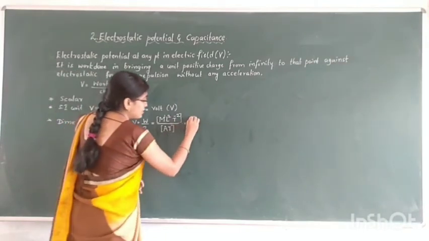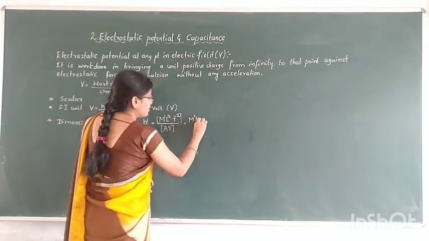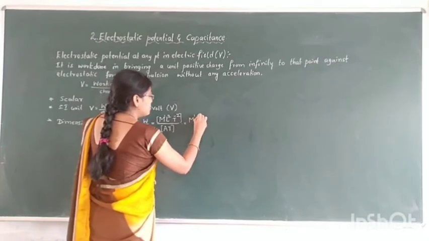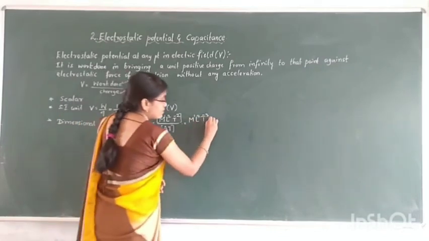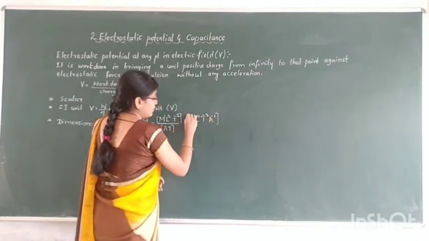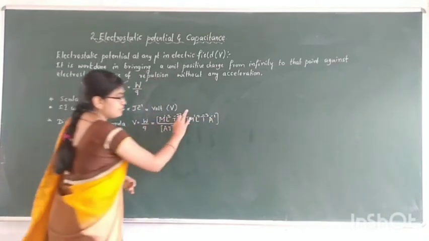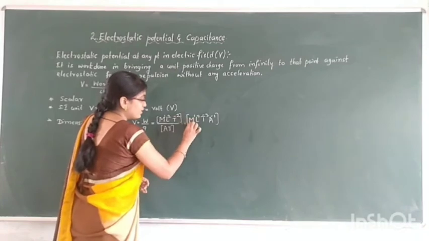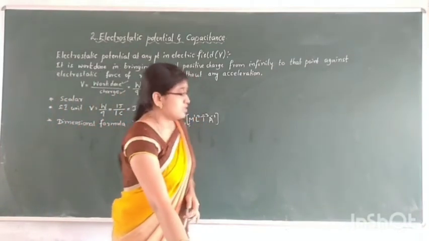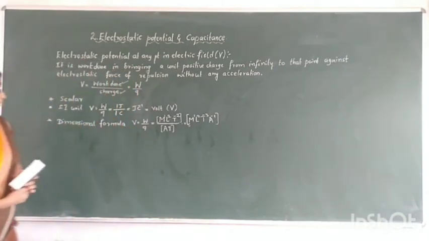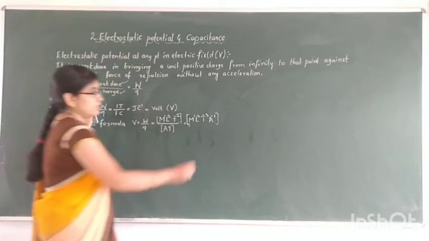On simplification, we get M raised to 1, L raised to 2, T raised to minus 3 and A raised to minus 1. So this is the dimensional formula of electrostatic potential.